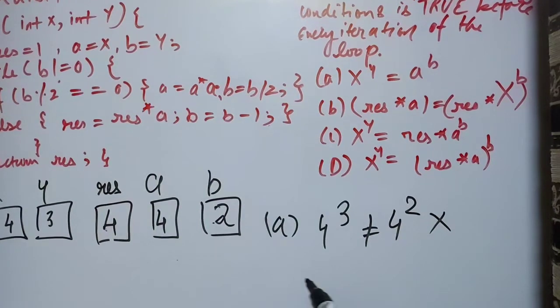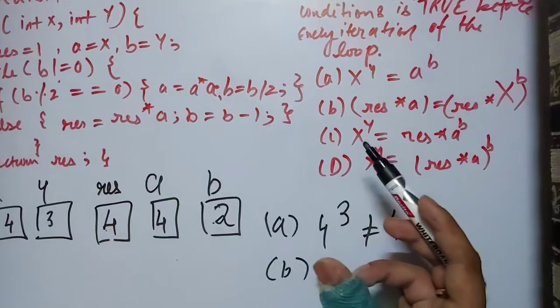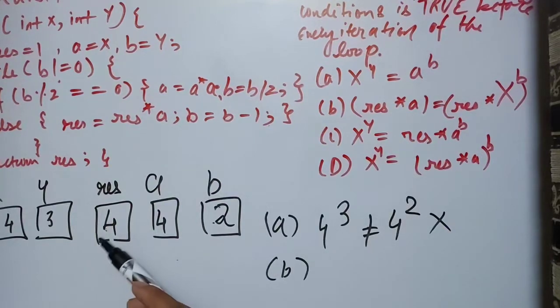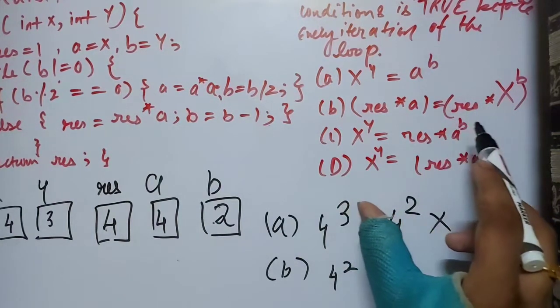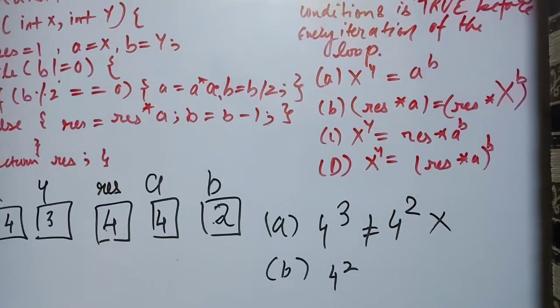Okay, now we will come to option b, which says result into a, means 4 into 4, which is 4 square, and is equal to result into x, which is 4 square.